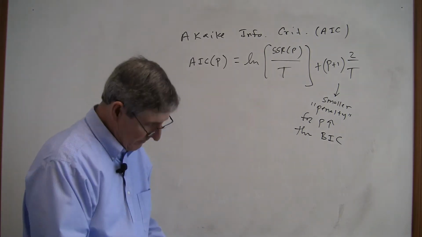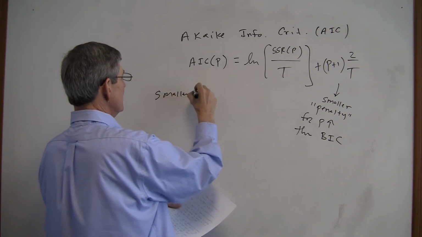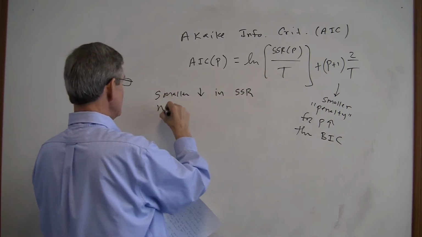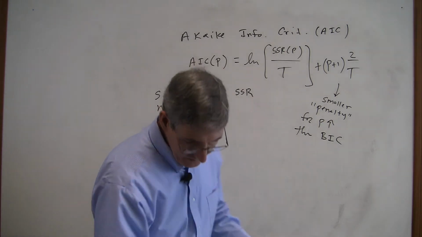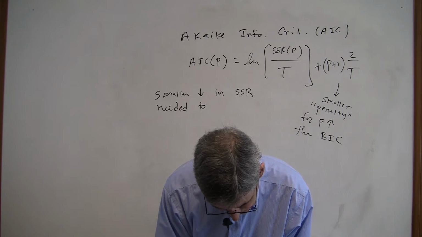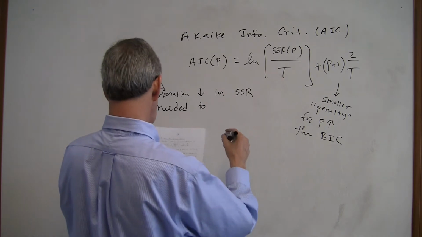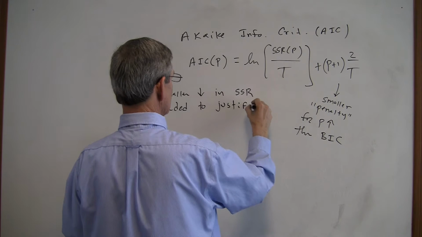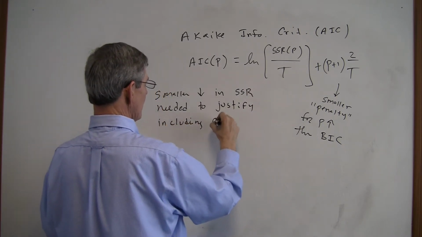What that means is a smaller decrease in the sum of squared residuals is needed to justify including another lag.